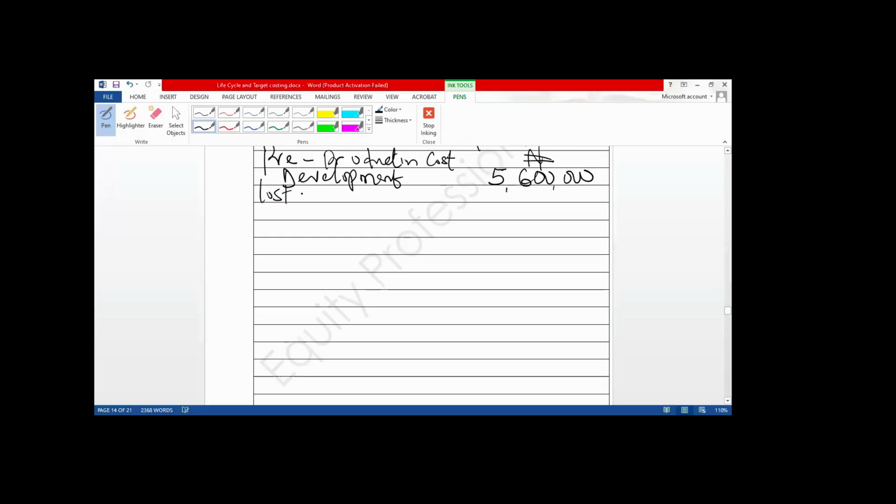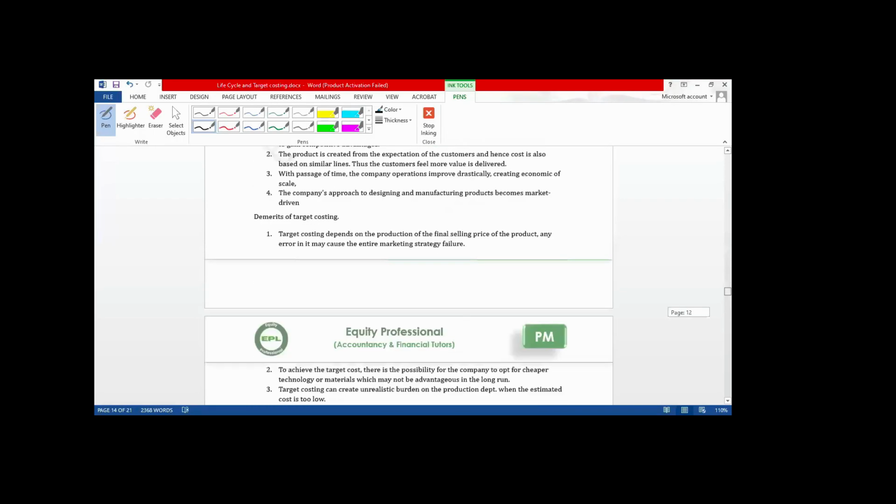Loss of contribution. This is relevant cost, is that not? Opportunity cost, is that not, please? Yes, sir. This is 800,000. I'll pick it. Next.